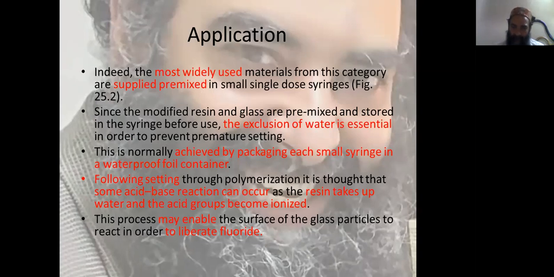If water is there, there is a chance of premature setting. So water is not added in this. Again, incorporation of water is also prevented by packaging these syringes in a waterproof foil container.